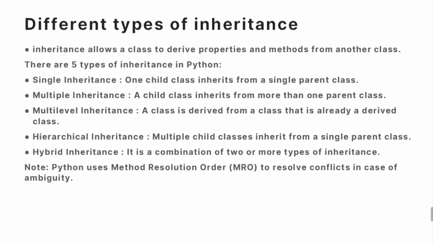Multiple inheritance means a single child class can inherit properties from more than one parent class. Multi-level inheritance means a class is derived from one class and that is again derived by another class, meaning multiple levels of inheritance. Hierarchical inheritance means multiple children inherit from a single parent class. And hybrid inheritance is a combination of two or more different types of inheritance.